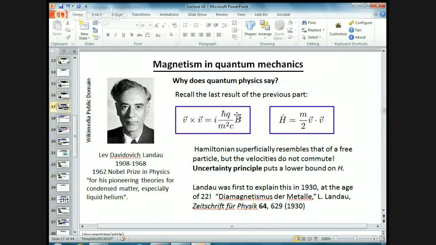And so this non-commutativity of the several parts of the Hamiltonian was something that we saw in the last part. Here's this cross product of the velocity operator with itself. Here's the kinetic energy operator.